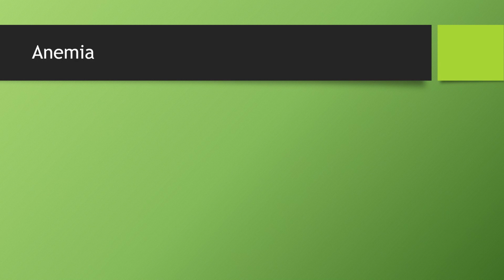Older adults are more likely to show signs and symptoms of anemia when those moderate levels of hemoglobin are affected.